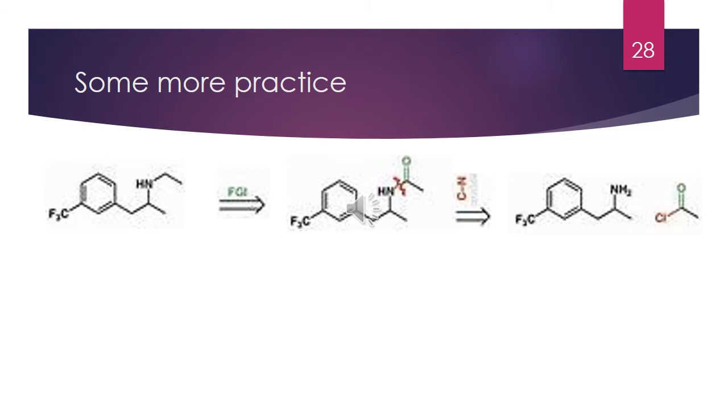Now we have another example. So let's consider this example. We have here a structure, and you can see that we have a benzene, and we have a trifluoromethyl group attached to the benzene, and then we have a CH2 attached to the benzene ring, then a CH, and here we have an NH, and then again an ethyl group.